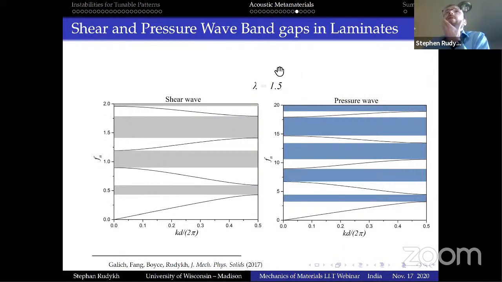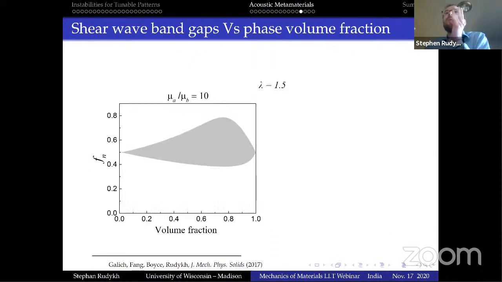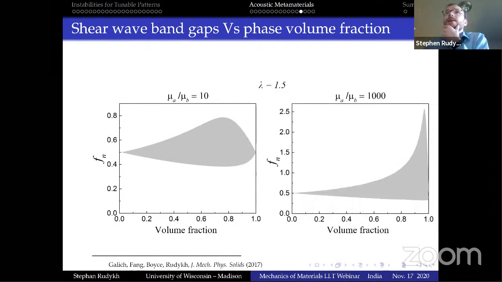Okay, so we apply the deformation here. Now, one of the comments is that we can use that to actually optimize and maximize the volume of these band gaps.